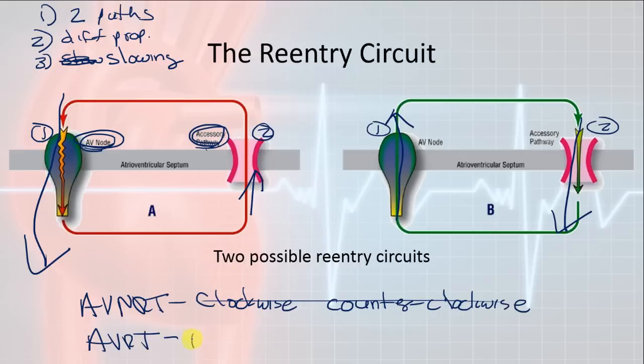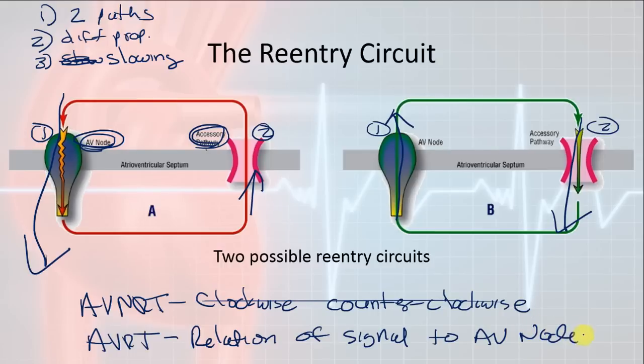AVRTs use the relation of the signal to the AV node. The reason for that is because if you look at picture B up here, it's going through the accessory pathway and then backwards through the AV node.